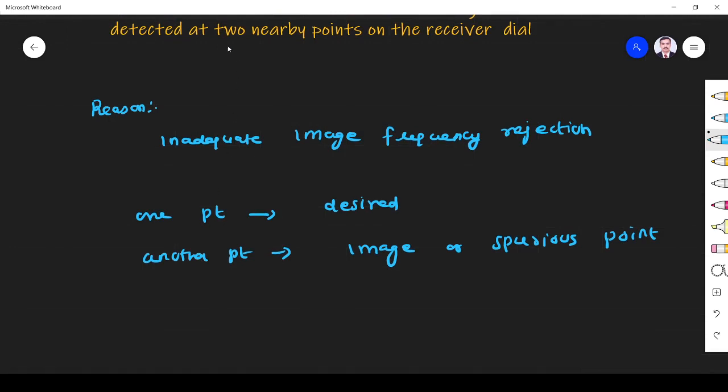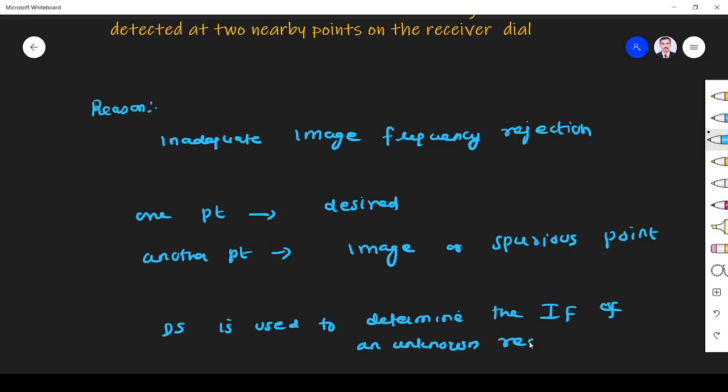Then what is the main purpose of double spotting? Sometimes double spotting is used to determine the intermediate frequency of an unknown receiver. That is the main thing we have to know about the double spotting phenomenon.